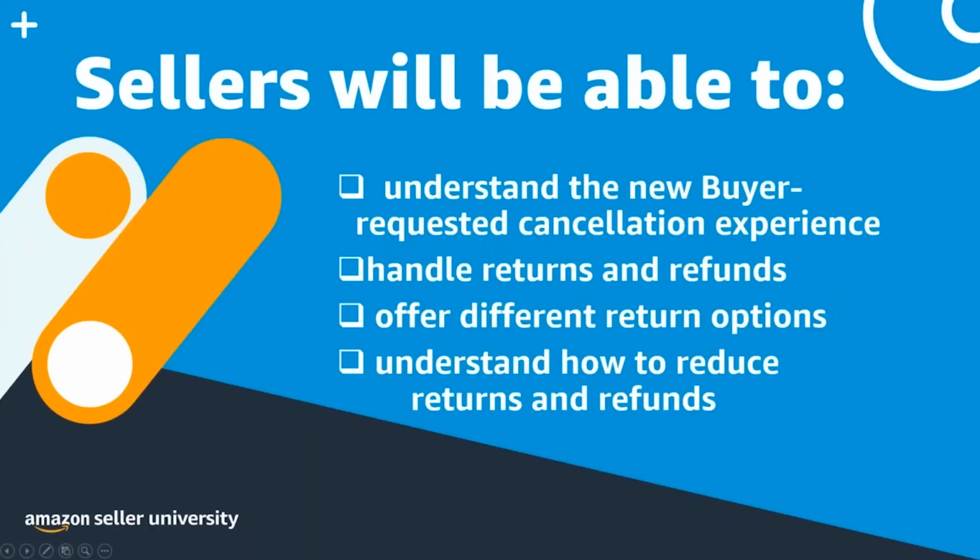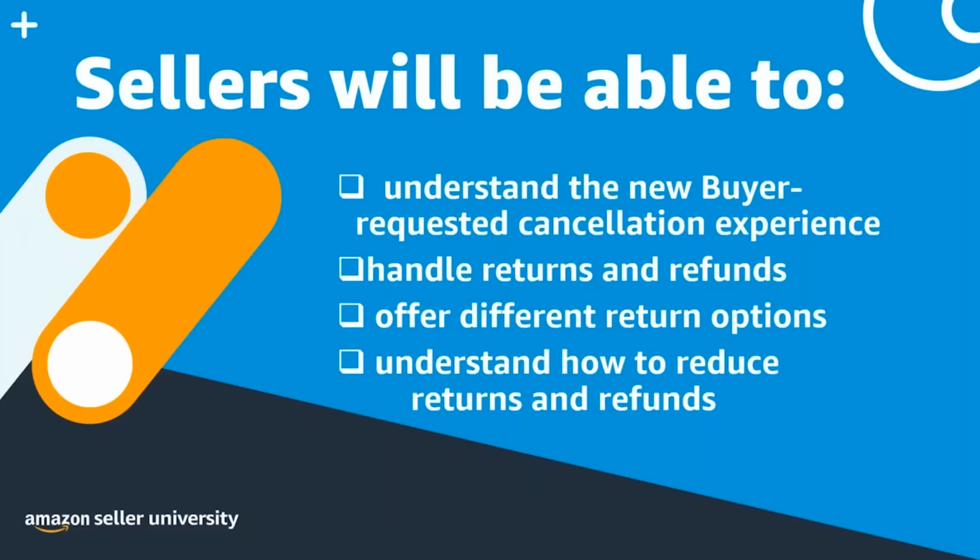So today we're going to discuss, first of all, buyer-initiated order cancellations. We just launched a new experience for that, so I'll walk you through why we changed that and some things that are coming there. We're going to talk about returns and refunds for seller-fulfilled orders. This is really important. Most of the webinar is focused on fulfilled by merchant.